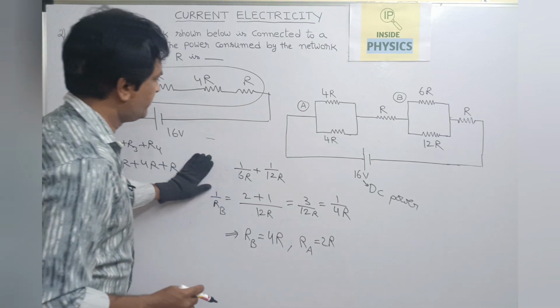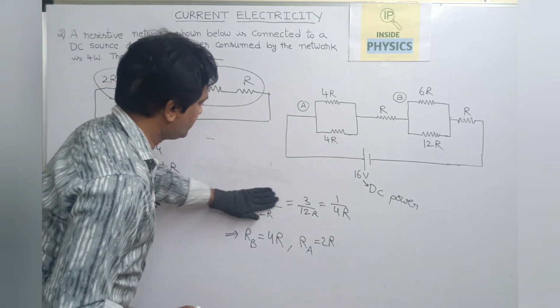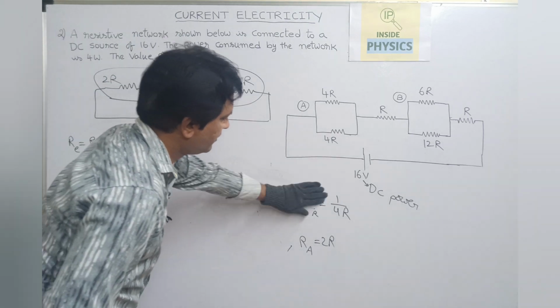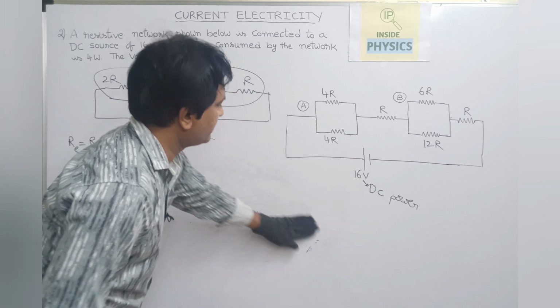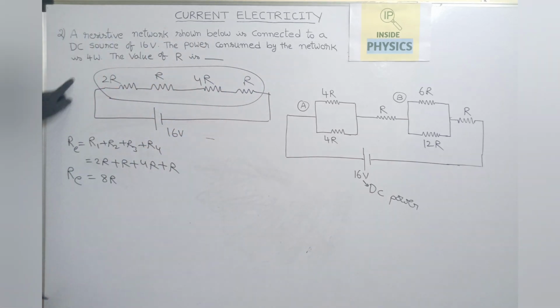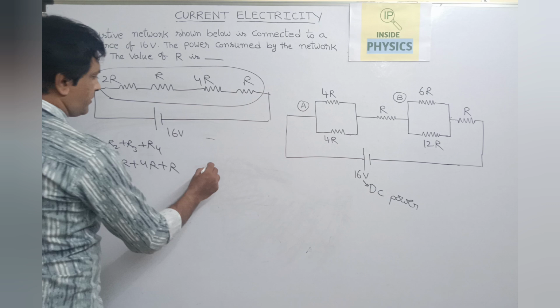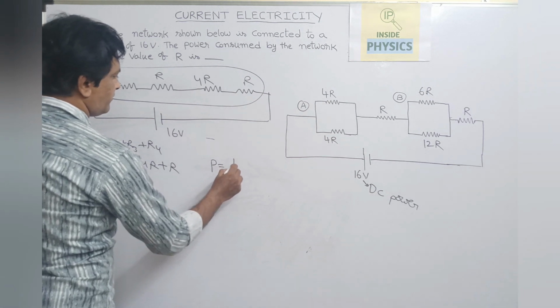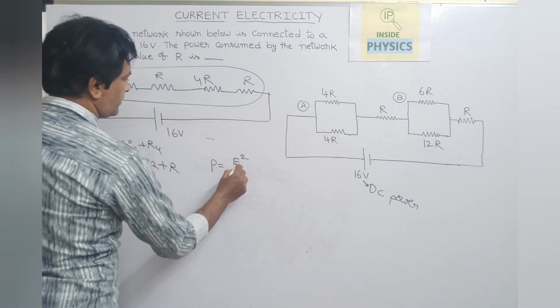Now we can remove this. Our aim is to calculate the R value. What is the data given? The power consumed by the network is 4 watts. So we need a relation between the power, the potential voltage supplied by the DC power supply, and the resistance.